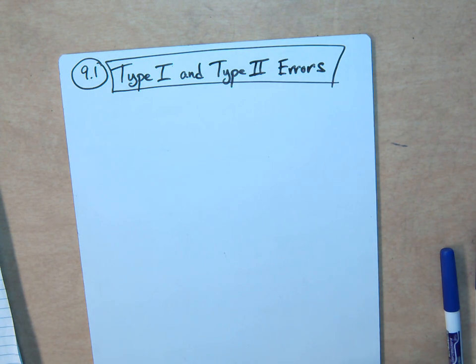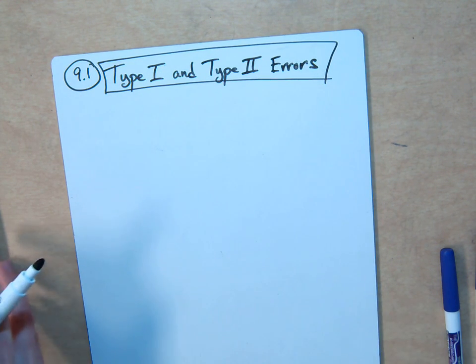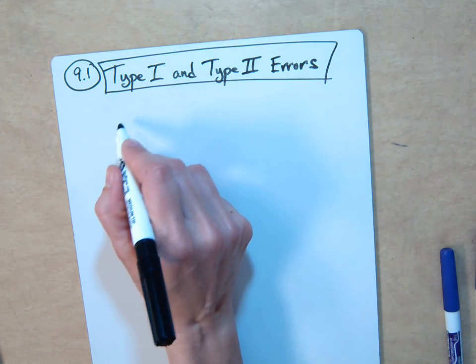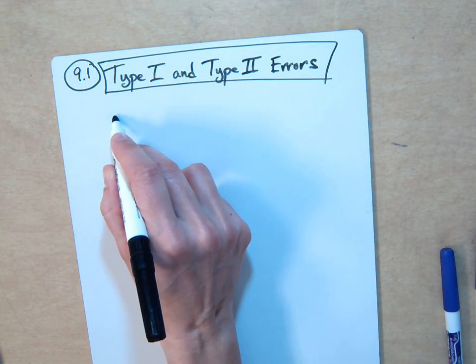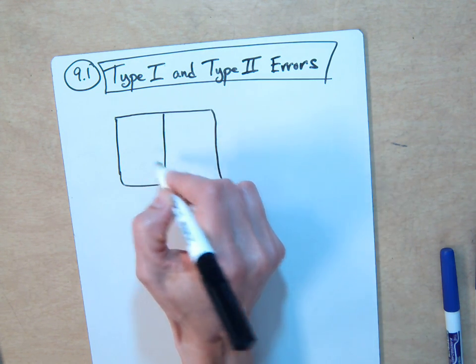But when we're doing these significance tests, what types of errors can be made, and how do we know if it's a type 1 or type 2 error, and what effect does that have if we make a type 1 or type 2 error? So it's best to look at this in sort of a chart format for type 1 and type 2 with like 4 scenarios.